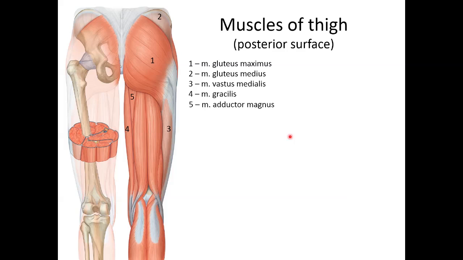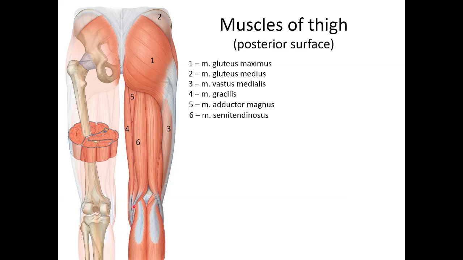And now, please be quite attentive. Number 6, it's a muscle which is named musculus semitendinosus. Why this name? Because it has a quite long tendon, so long that it is 1/2 of the length of this muscle.